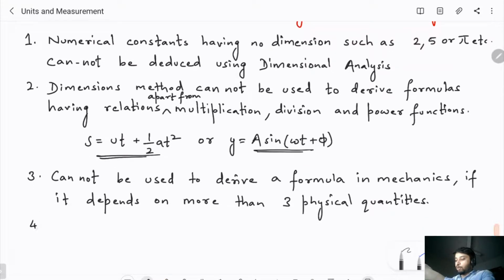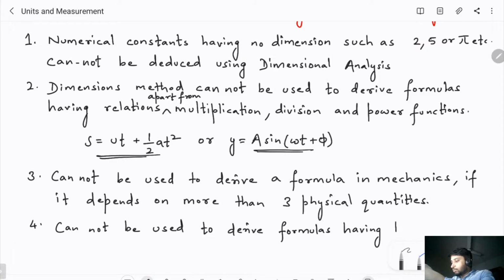So it cannot be used to derive formulas having two or more physical quantities having the same dimension.